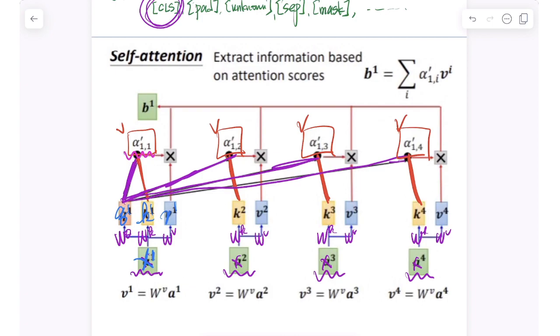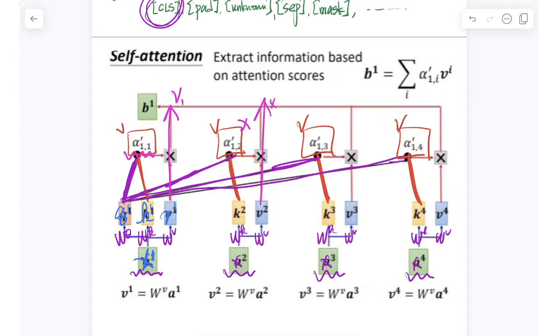Since they are very similar, the output, which is V1, should be activated. For example, if Q1 and K2 are not similar, the alpha 1,2 value will be small, and that means we do not activate this V2.